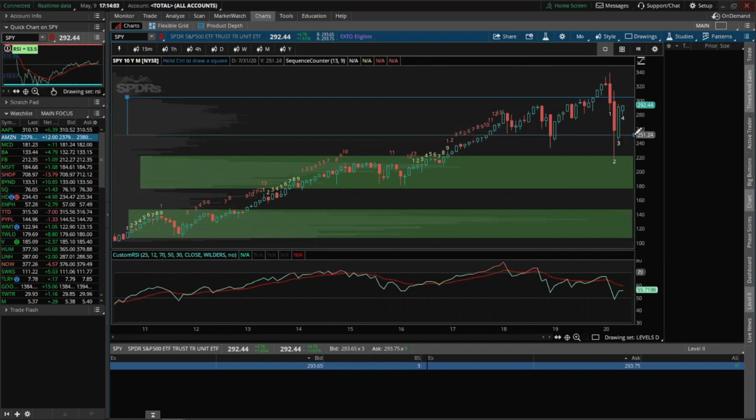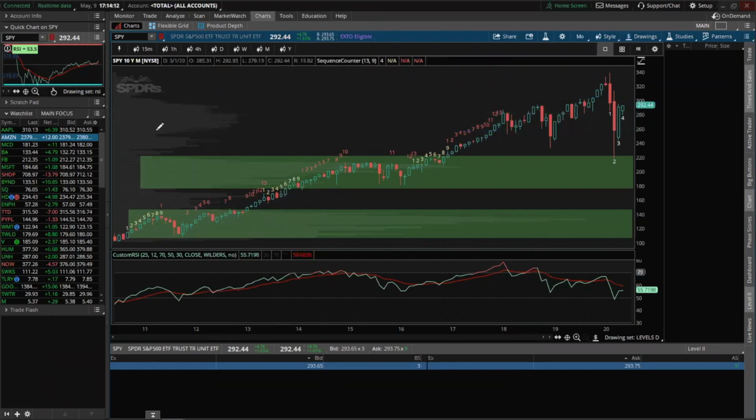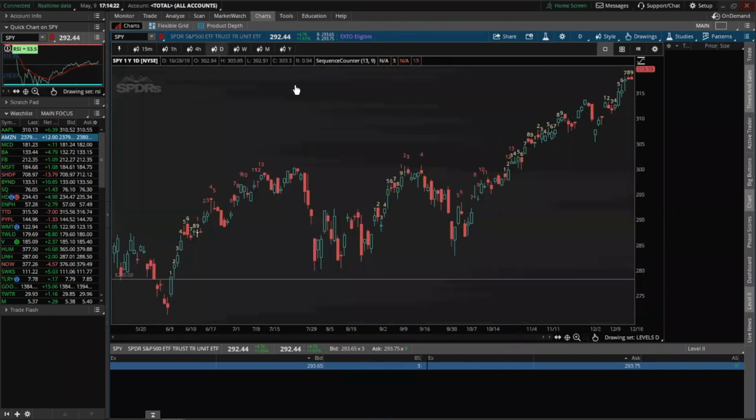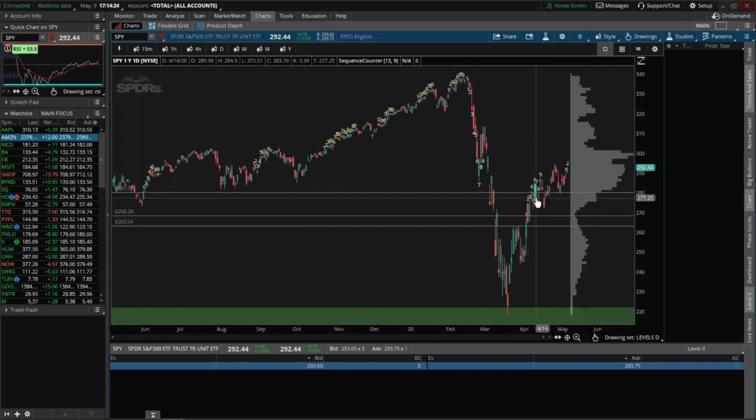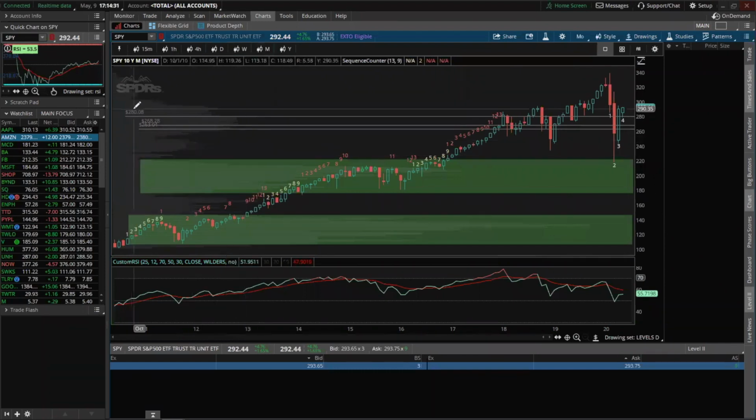Okay. So now we've broken some levels into it, right? Every one of these ticks that you see are levels, those dark blue levels that we talk about. So every level that we've broken, if you go back to the daily chart, these are the levels that we broke through, okay? Now, those are now supports. So going back to the monthly chart, this is another level.